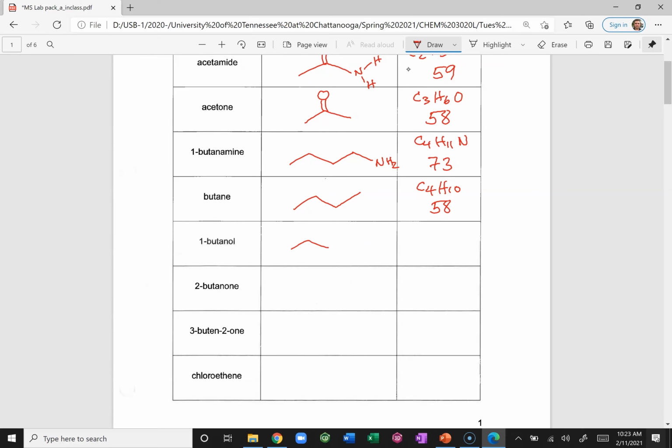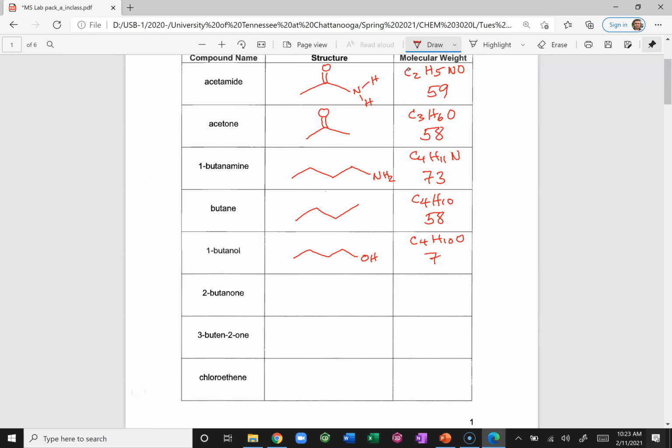Butanol, 4 carbons and an OH, so that will be C4H10O, with 1 oxygen, and the mass will be 74. 2-butanone is this, C4H8O.